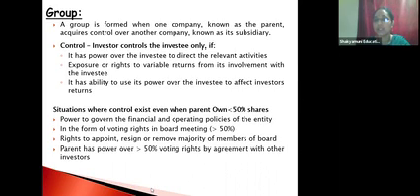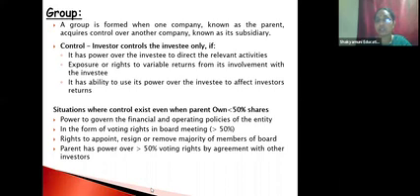Here, majority voting rights means more than 50% voting rights. Even though they don't have more than 50% voting rights, by virtue of an agreement between the company and shareholders, they may have the power to govern the financial and operating policies of the company. In such a case, control exists even if the parent owns less than 50% of the shares.